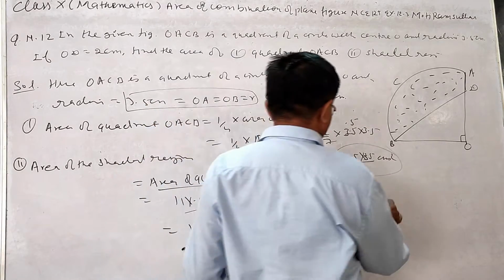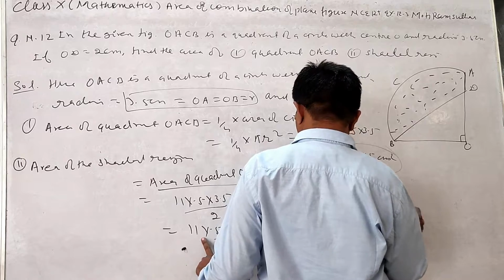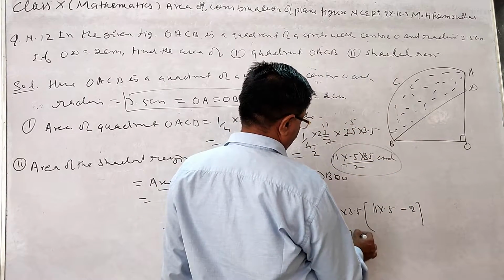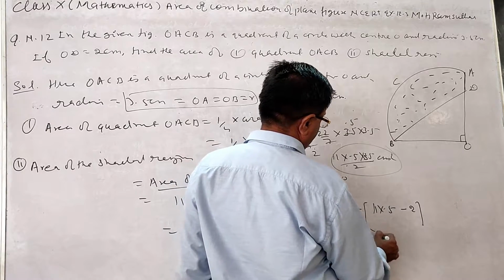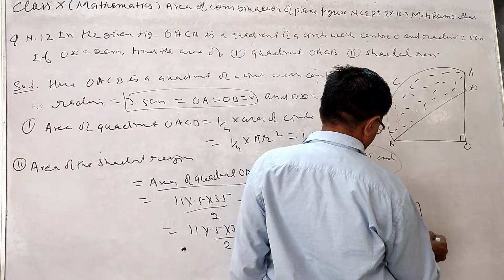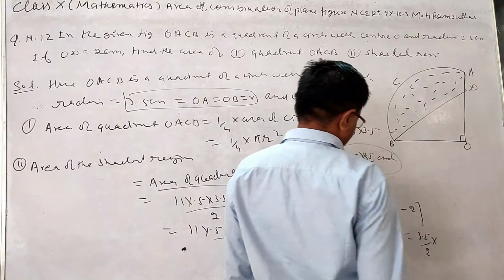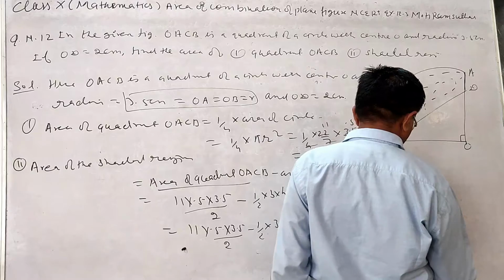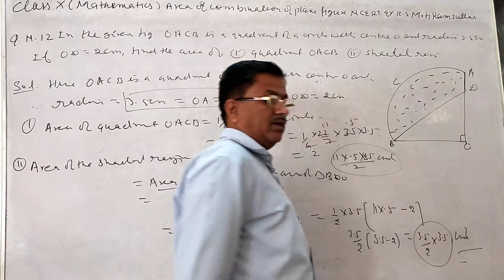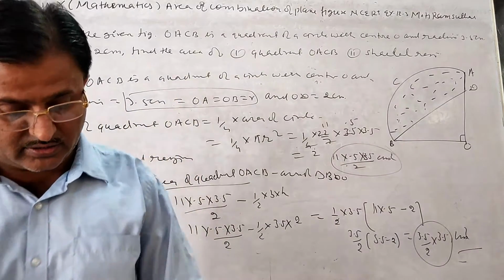Then it will be 11 into 0.5 minus 2. So this is 3.5 by 2 into 5.5 minus 2. So 3.5 into 2. If you subtract 2, then 3.5. So this is the centimeter. So in this way, one can easily find this.